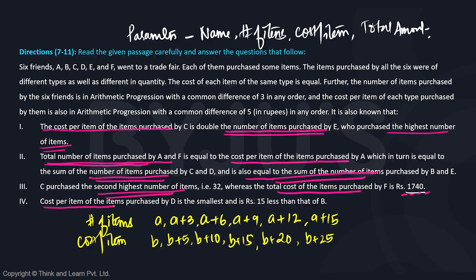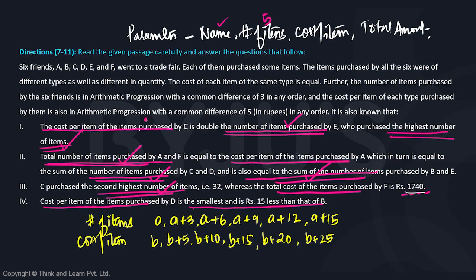Cost per item purchased by D is the smallest and 15 less than that of B. So the names are obviously there, but if you look at the number of items, they are discussed the most number of times. So 1, 2, 3, 4, 5. It is discussed 5 times.